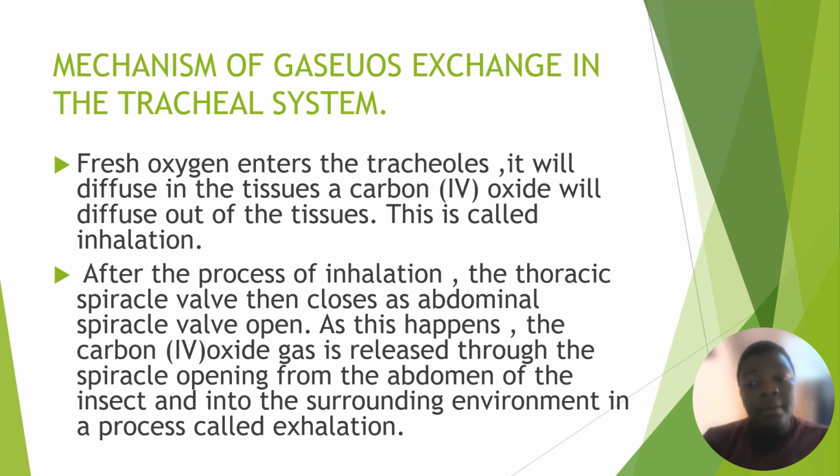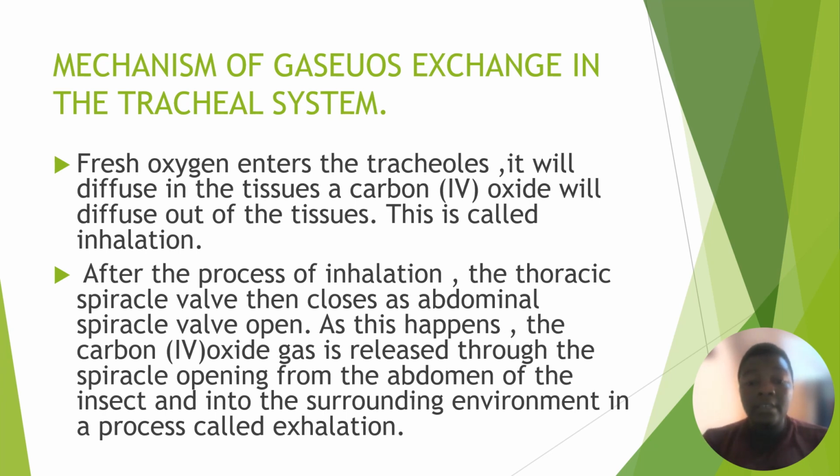Some insects employ muscular movements in their bodies to aid in the movement of gases through the tracheal system. This movement can help enhance air circulation within the tracheoles. After the process of inhalation, the thoracic spiracle valve closes as the abdominal spiracle opens. As this happens, the carbon dioxide gas is released through the spiracle opening from the abdomen of the insect and into the surrounding environment in a process called exhalation.